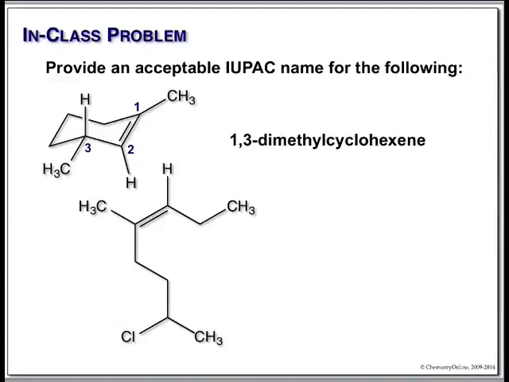Our next one, simple, just long. We have a double bond here. We have 1, 2, 3, 4, 5, 6, 7, 8 carbons. So it's going to be an octene, isn't it? We want to give our double bond the lowest number. So we want to start numbering here. We have a 3-octene with methyl groups in carbons 4 and 7.